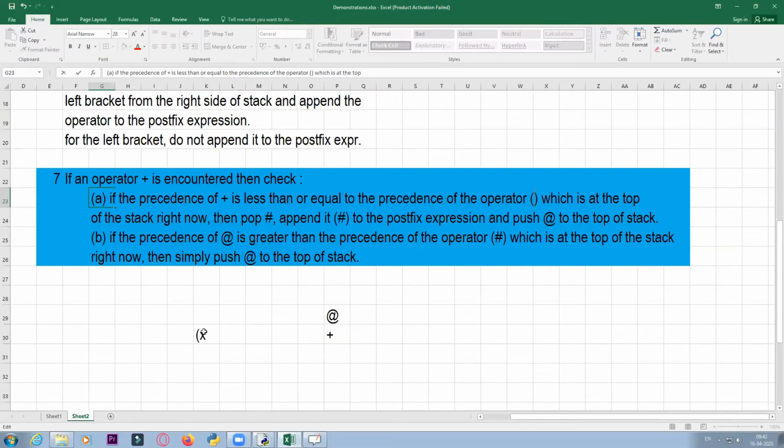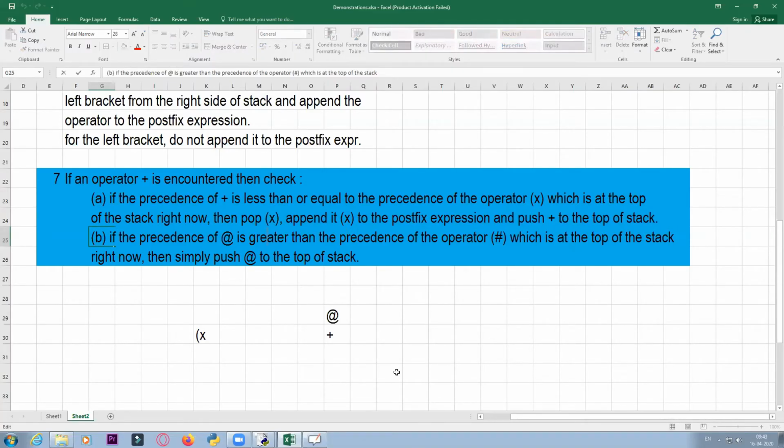Which operator is at the top of the stack? Multiplication. Okay, so then what to do? I'm simply replacing this hash, which is your multiplication, pop multiplication, and append it to the postfix expression and push plus to the top of the stack.